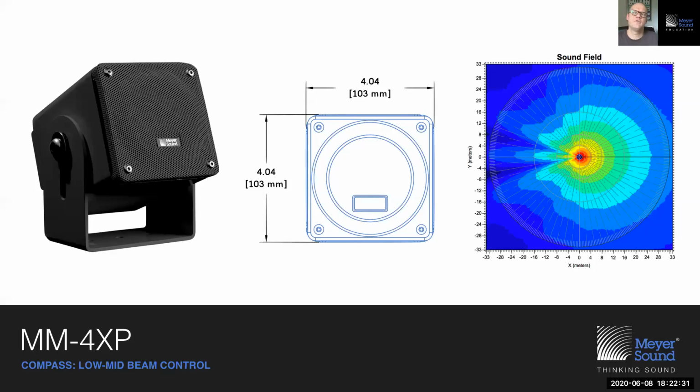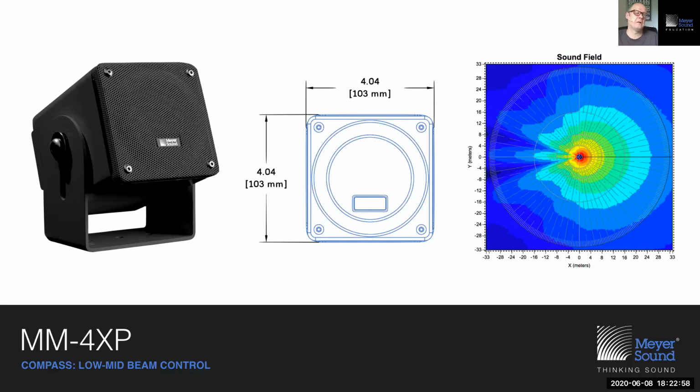After all, at 1 kilohertz, one wavelength is about 1 foot, or 34 centimeters, give or take. And that means that a 1 kilohertz wavelength is 3 times taller than our loudspeaker, which still makes our loudspeaker small by comparison. And if you look on the right side where you see a section view, a prediction at 1 kilohertz of a single MM4 XP, then you see that it's still well over hemispherical.